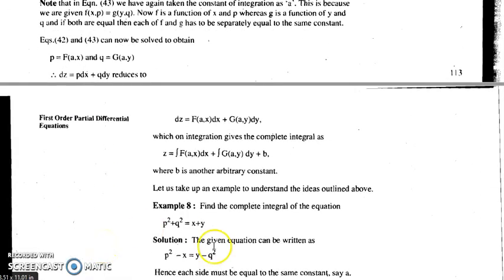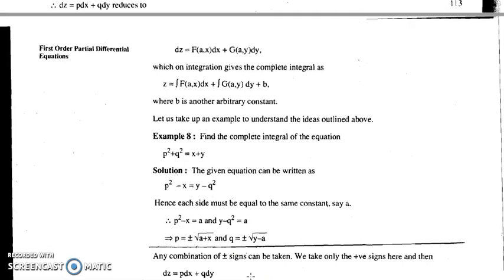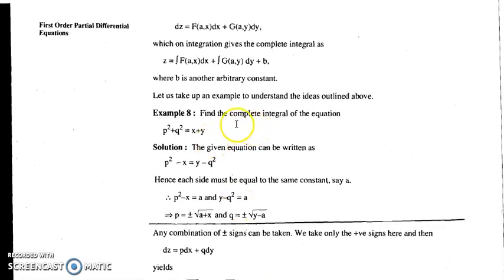So let us see an example. You need to find the complete integral of the equation p square plus q square equal to x plus y.